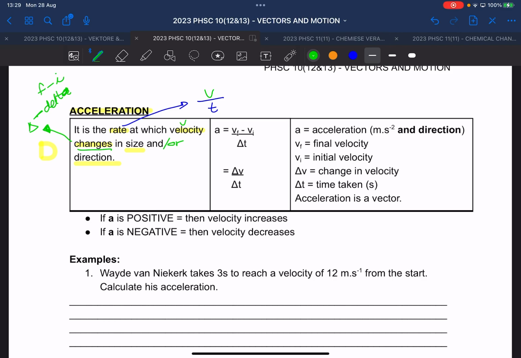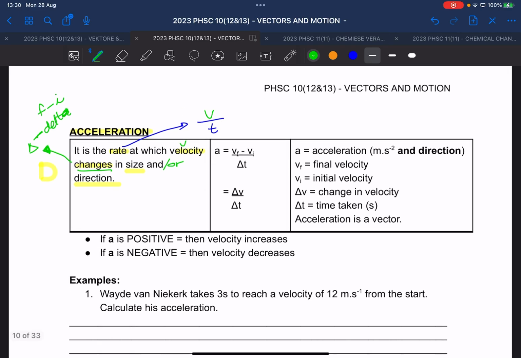What does the word initial mean? Initial. Let me spell it for you. Not your initials.